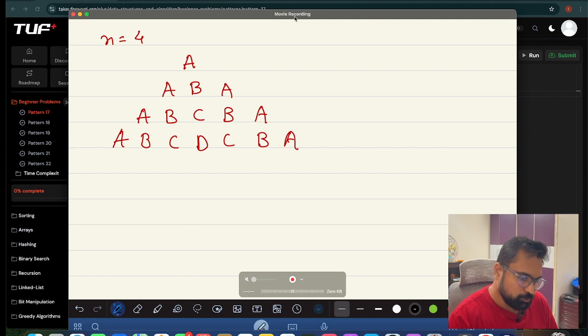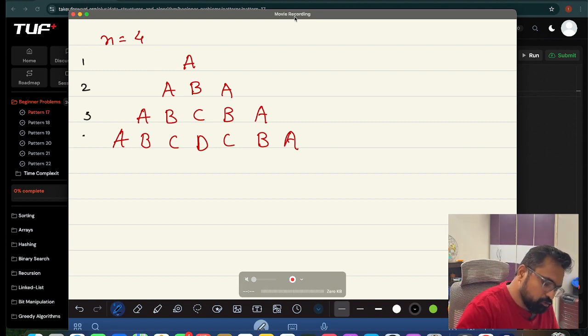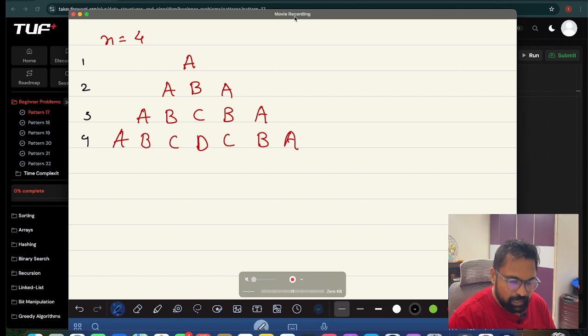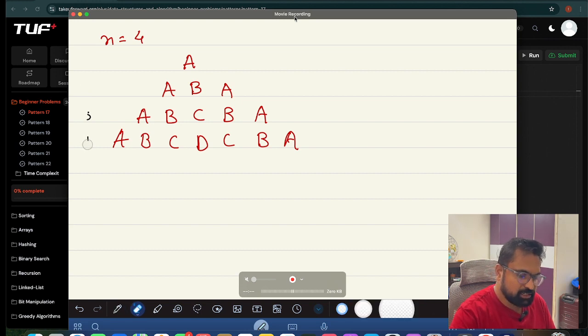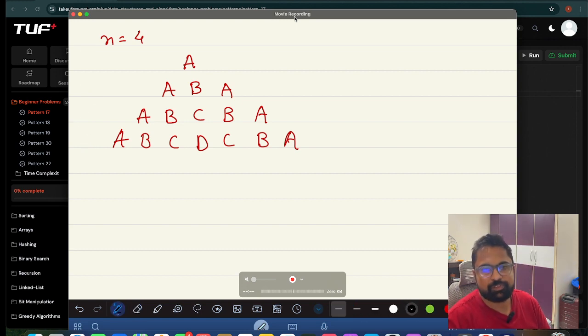Okay. So the first thing we did was try to identify the number of rows and the relation with n. So here we can see 1 2 3 4 rows. The basic outer loop is designed using the row count.